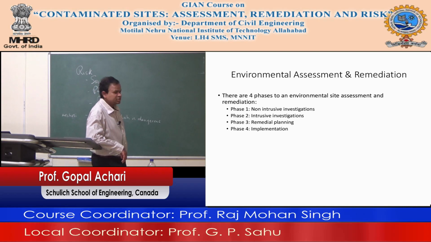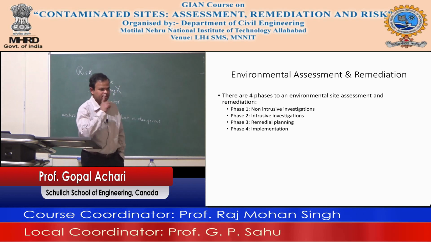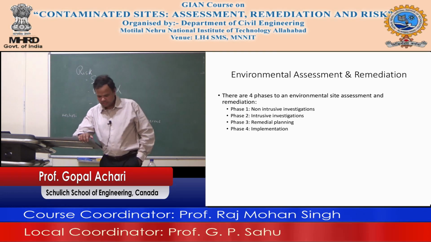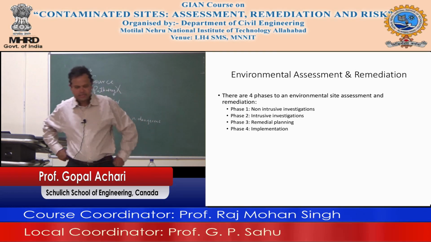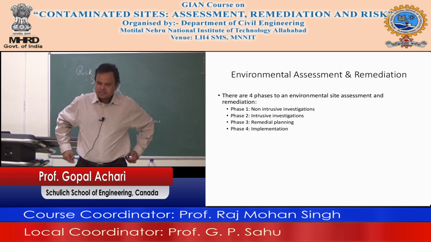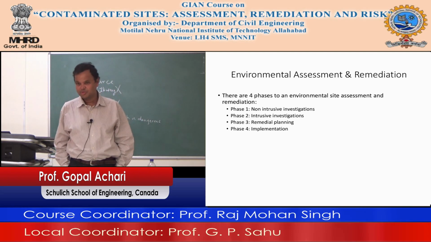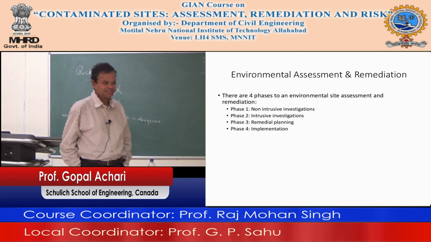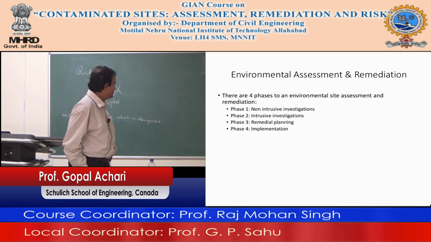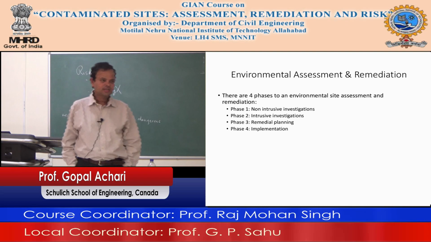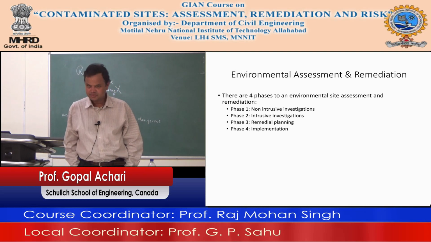So, environmental assessment and remediation. There are 4 phases to an environmental site assessment and remediation. If you have a client who comes and says that we have a contaminated site, or pretty much we don't know whether we have a contaminated site, how would you go about doing a site assessment?